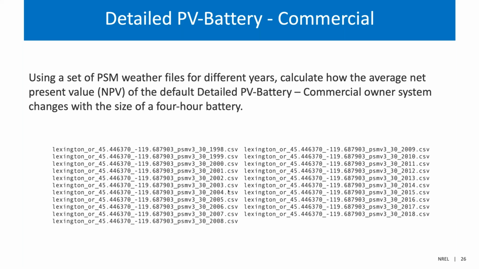So I'm going to run the system for all of the 21 weather files I have here from 1998 to 2018 to calculate the average NPV and see how that changes depending on the size of my battery.